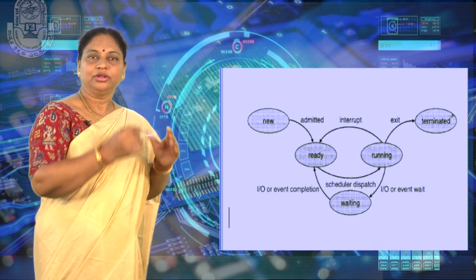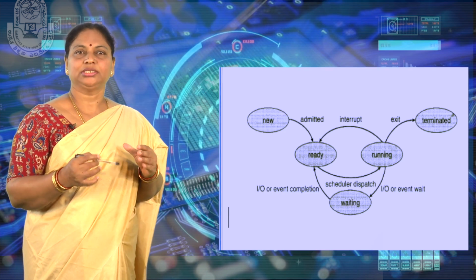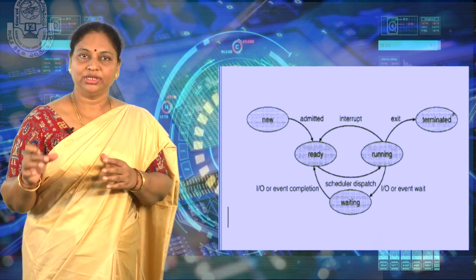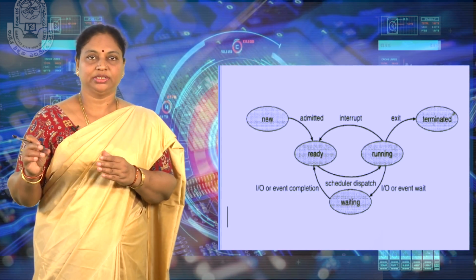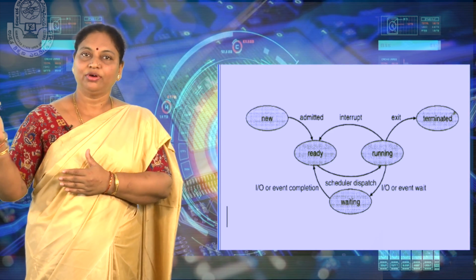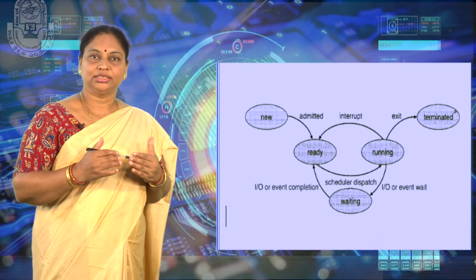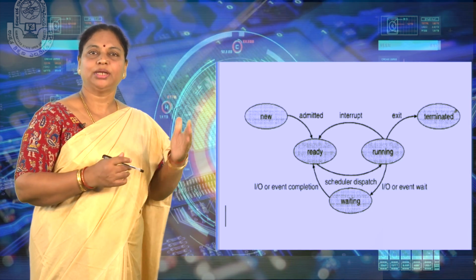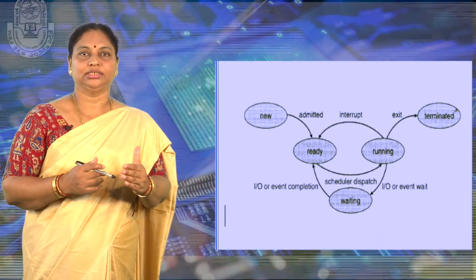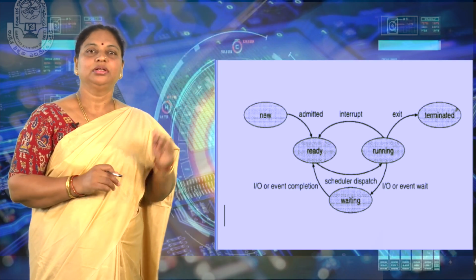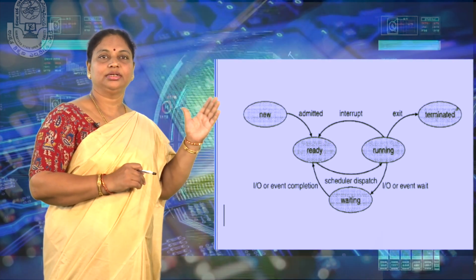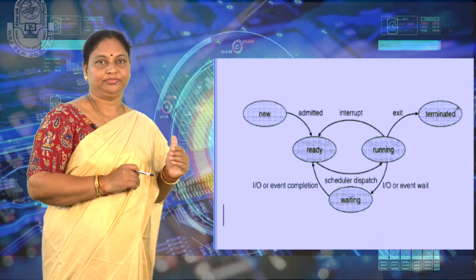Suppose during execution of instructions, there may be some IO instructions, input output instructions, which are waiting for input or for output devices, or waiting for some event to occur in the system. During that time, the process will enter the wait state.